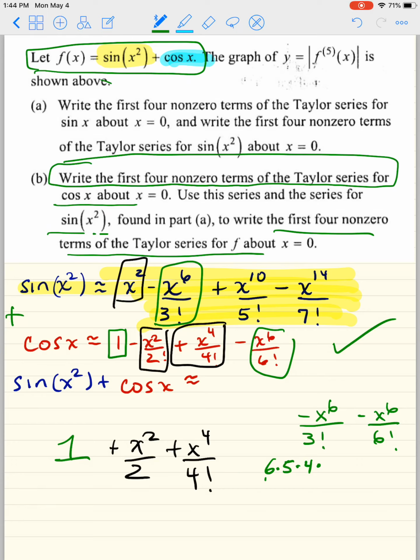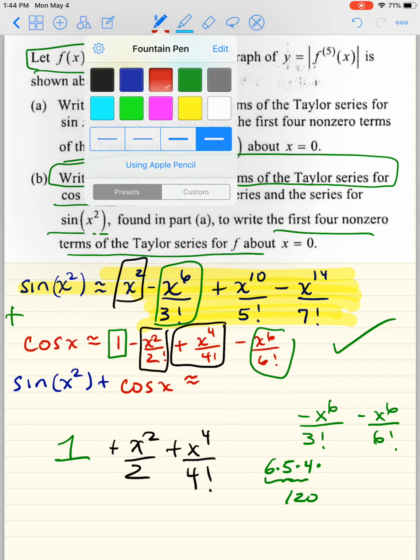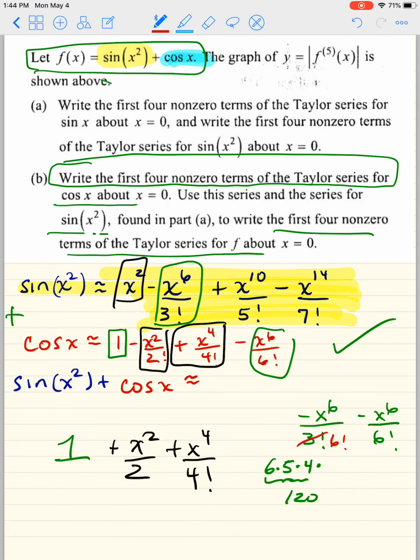So 6 times 5, 30. 30 times 4, 120. So by me changing this guy here to 6 factorial, I would just have to compensate by putting 120 there. So if you owe me 120 and you owe me 1, right, then you owe me 121 x to the sixth over 6 factorial. And that's how you combine that fraction.